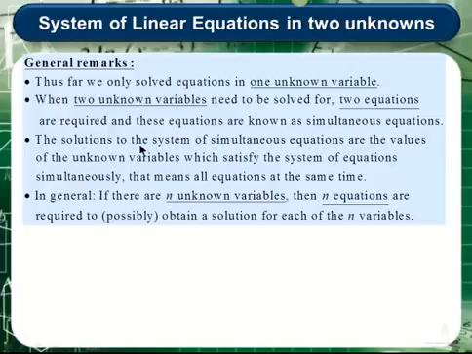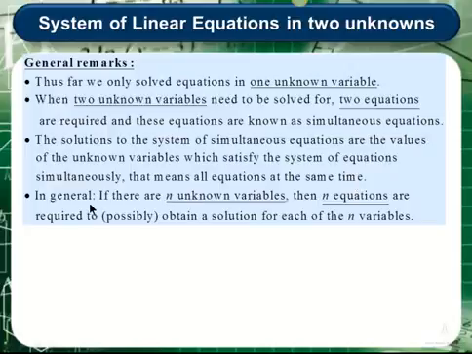The solutions to a system of simultaneous equations are the values of the unknown variables which satisfy the system of equations simultaneously. That means all the equations at the same time. So you have to find the values of all the different variables that appear, so that if you substitute all of them in each equation, it will satisfy each equation of such a system.